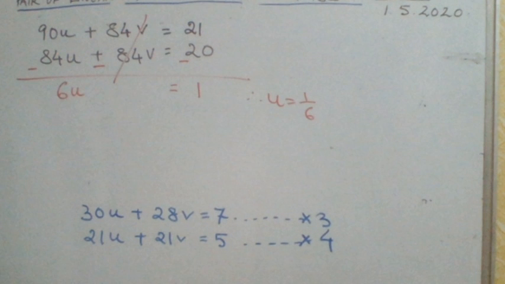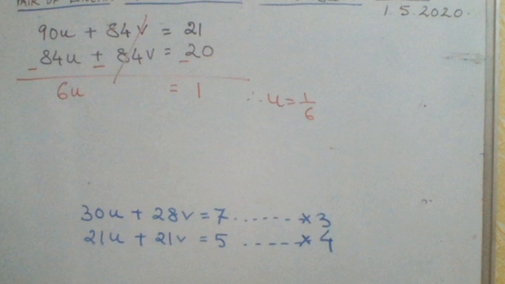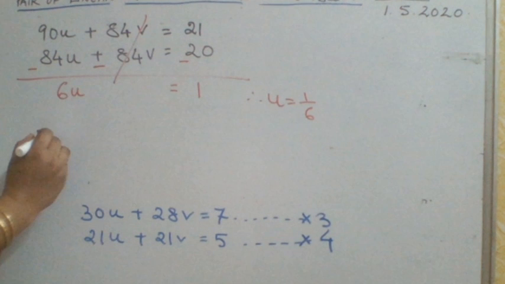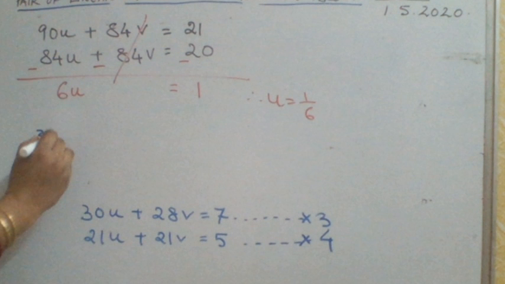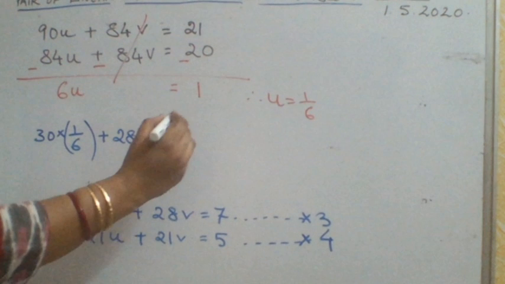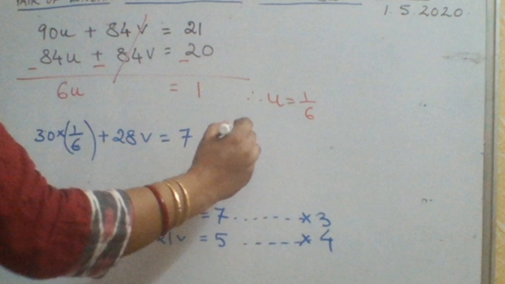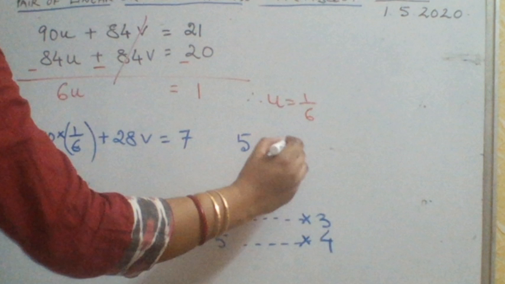If u equals 1 upon 6, then use any one of the equations to find the value of v. Let us use it: 30 into 1 upon 6, this is the value of u, plus 28v equals 7. So this gets cancelled. You get 5 plus 28v equals 7.